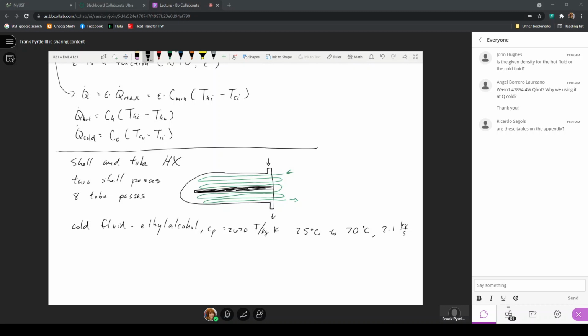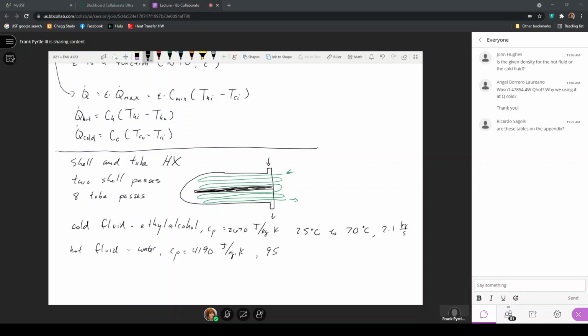So we have all the information we need to calculate the amount of heat being transferred into the fluid. We have the mass flow rate, the temperature difference it experiences, and the specific heat. Here, the hot fluid is water, and we'll consider its specific heat to be 4,190 joules per kilogram Kelvin.